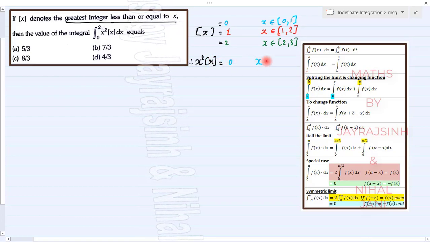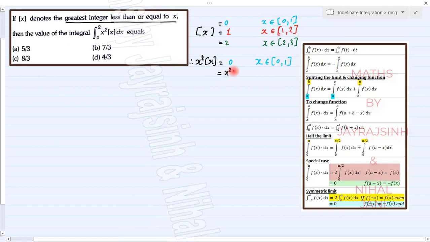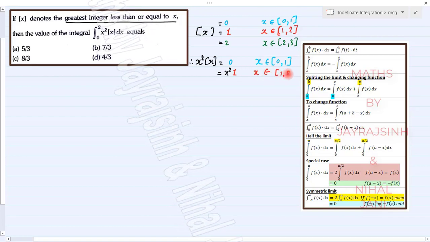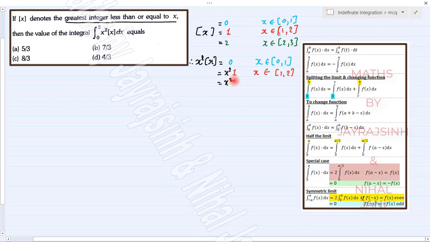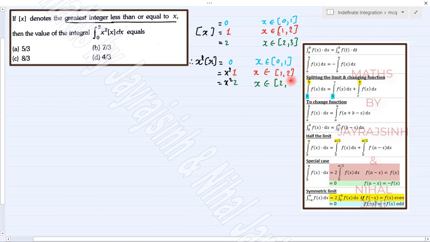0 if x belongs to 0 to 1. X square into 1 when x belongs to 1 to 2. And x square into 2 if x belongs to 2 to 3.